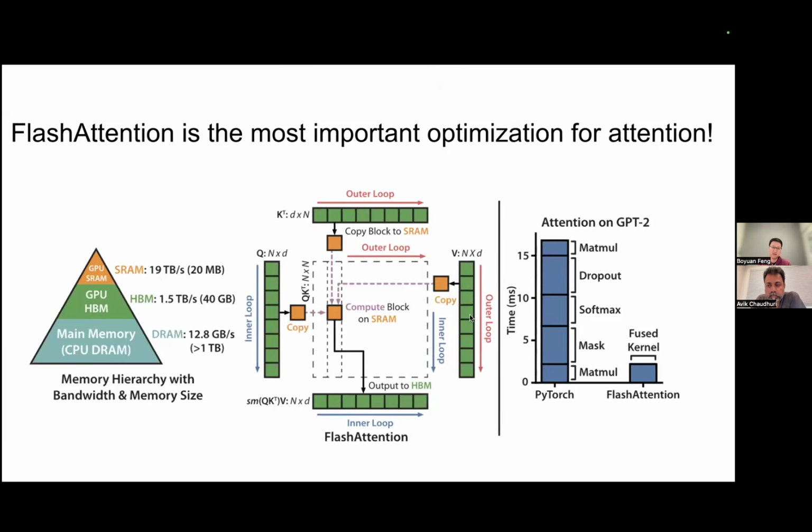That's why we have FlashAttention, the most important optimization for attention. Basically, it fuses everything together into a single kernel. On the right-hand side, comparing the latency of the PyTorch implementation versus FlashAttention, we can see FlashAttention is much faster.